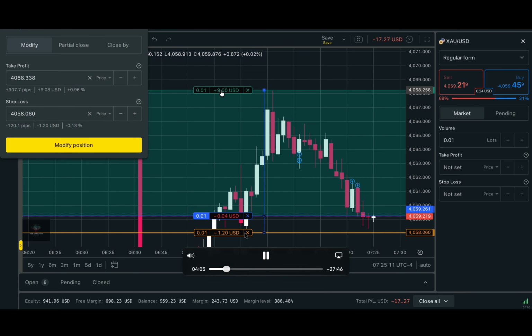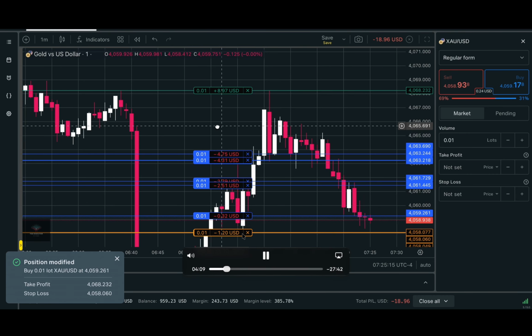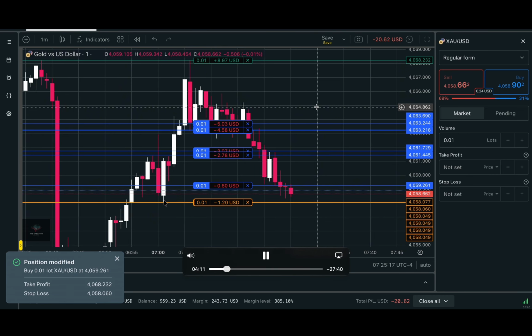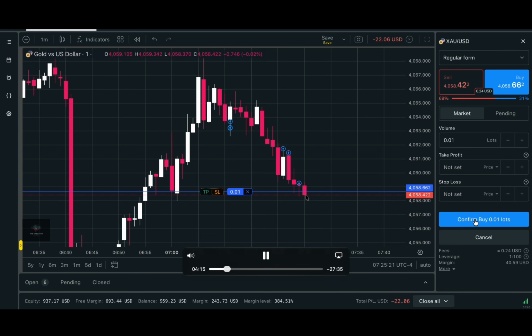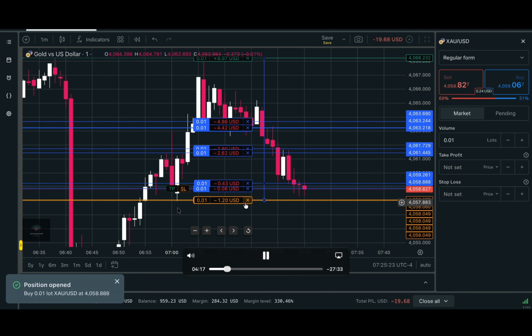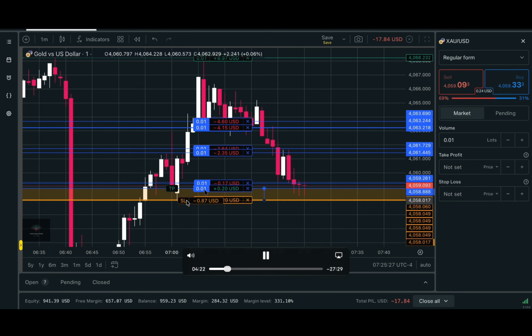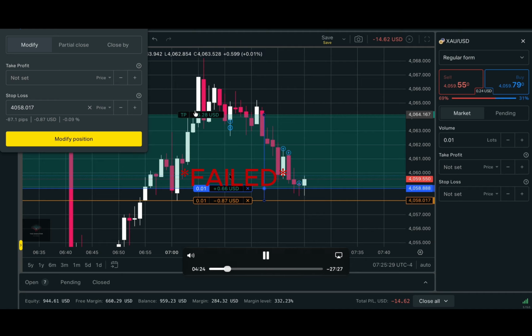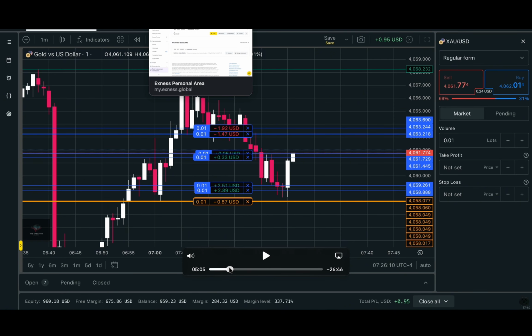For the stop loss, I was targeting this low because if that low was broken to the downside, it would have meant a structure shift for me, and it would have failed my idea of the trade after that.